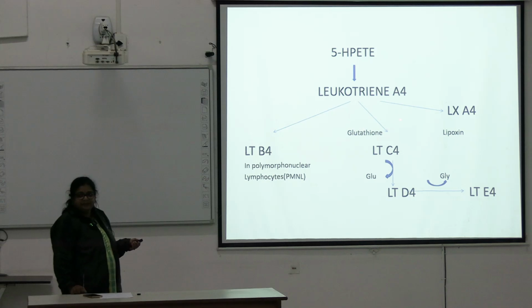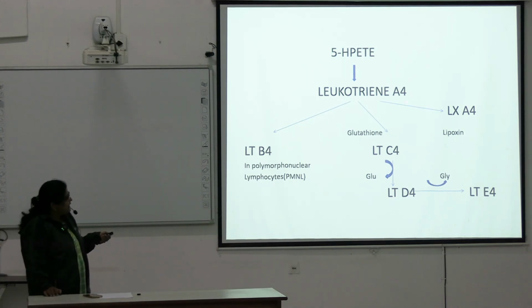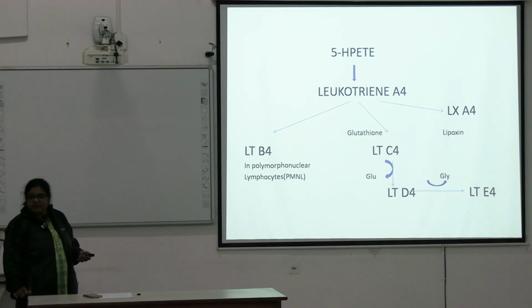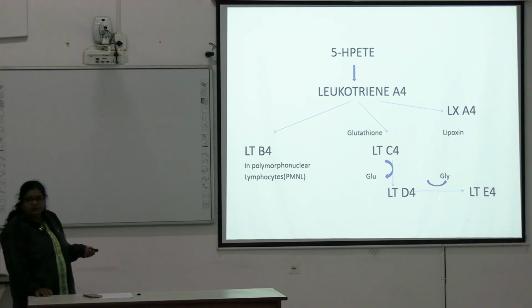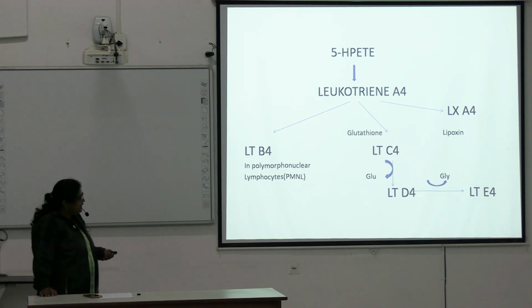By glutathione, which has 3 amino acids, leukotriene A4 is converted to leukotriene C4, and leukotriene C4 releases glutamate and is converted to leukotriene D4.